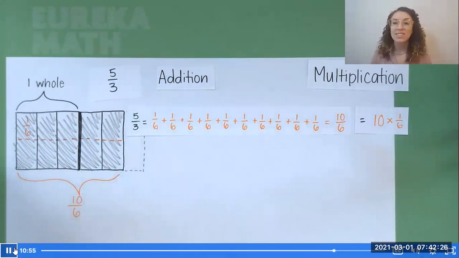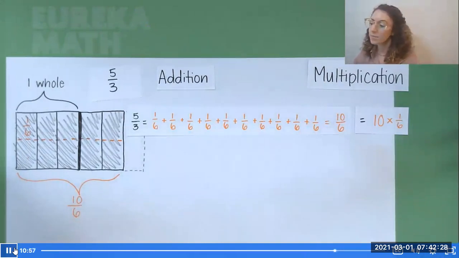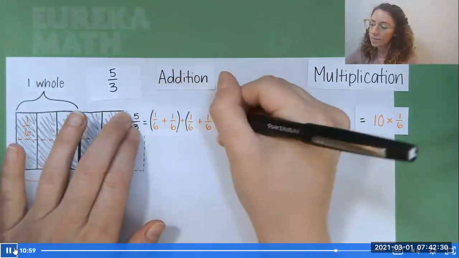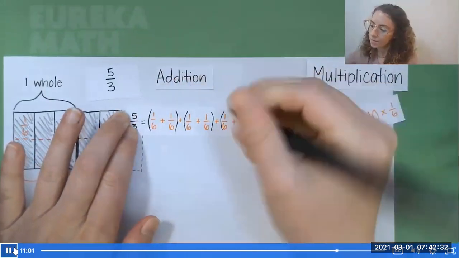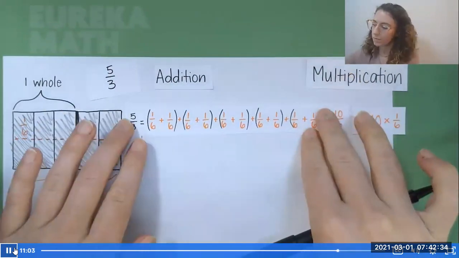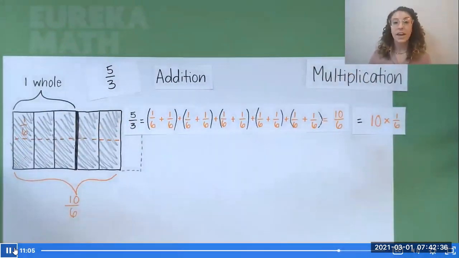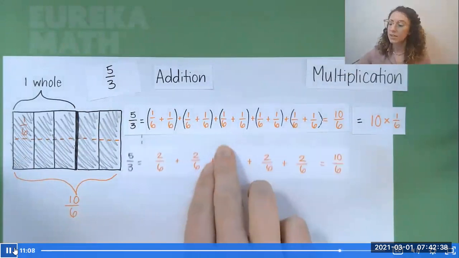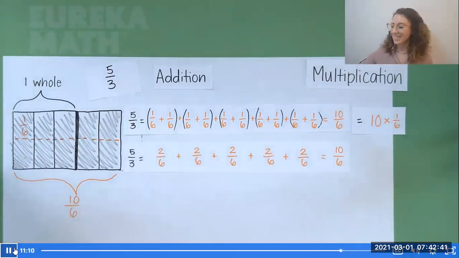Maybe you thought about 2/6 as each third, and added 2/6 5 times. That would be 5 times 2/6 as multiplication.